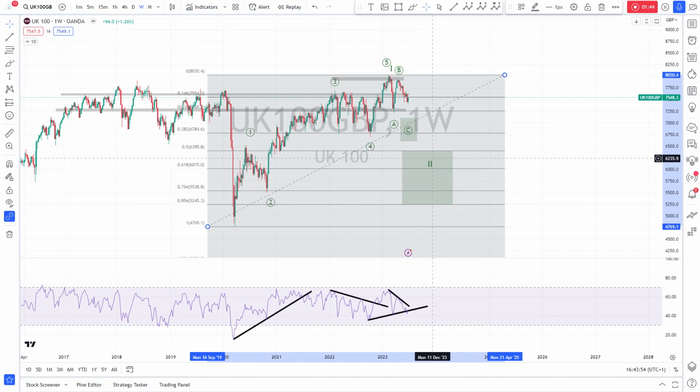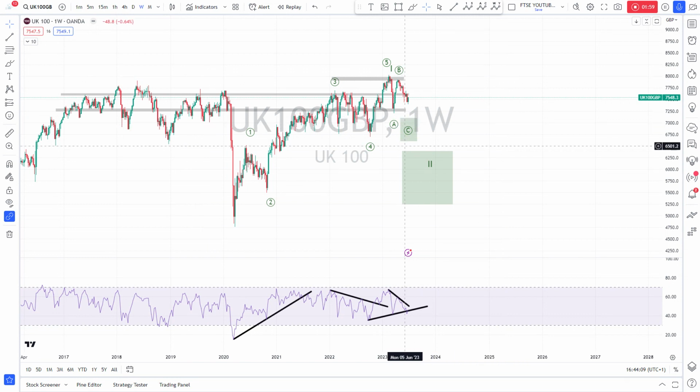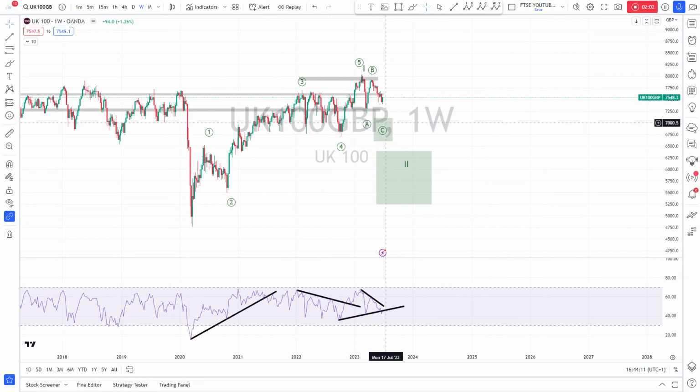This is where our wave 2 should end. However, this is not always the case. You can also have more shallow retracements in a wave 2. So our first area I would look at is actually this area as a wave C.